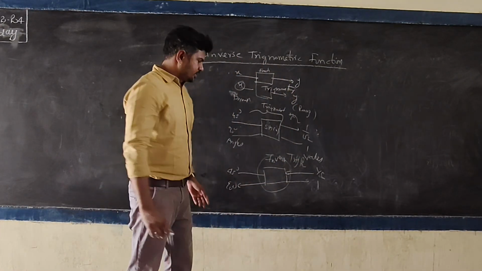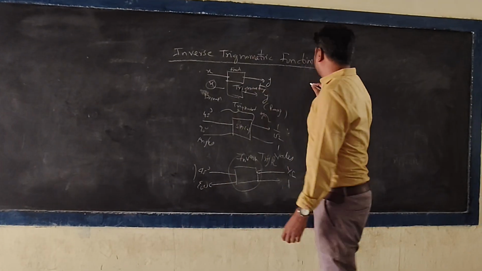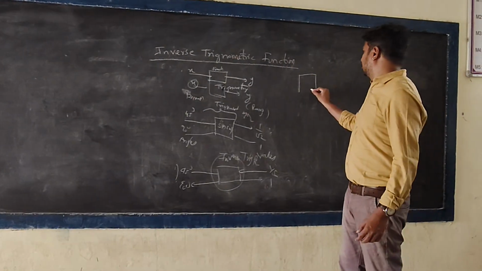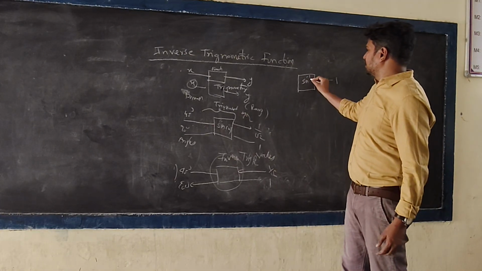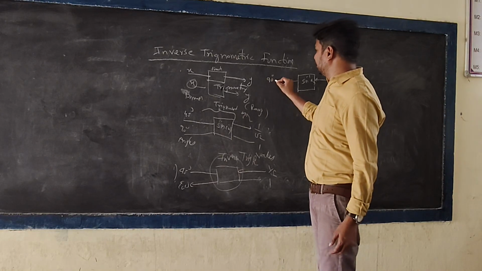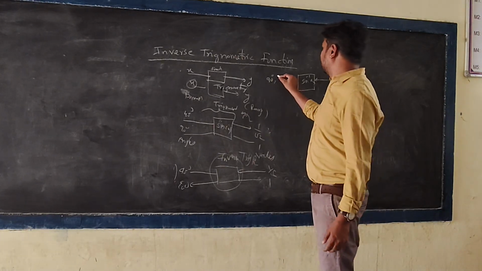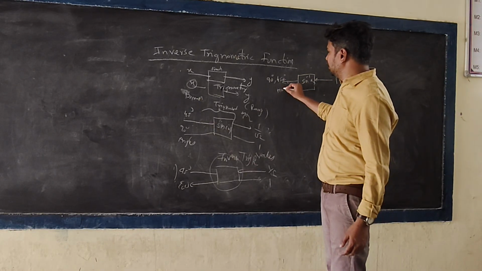We have a big problem here, because whenever you give 1 to sine inverse of x, you will get 90 degrees, and again 450 degrees. So we have many solutions here.